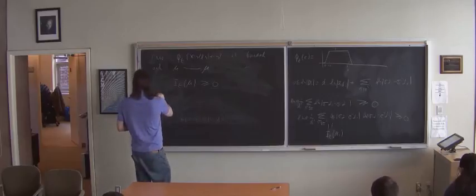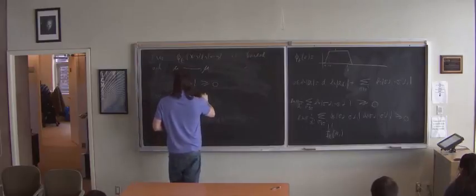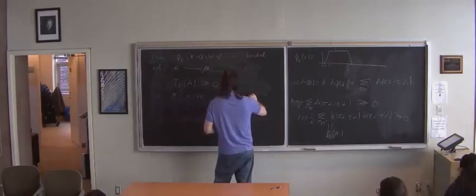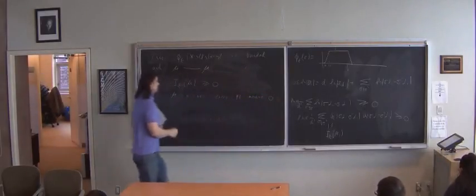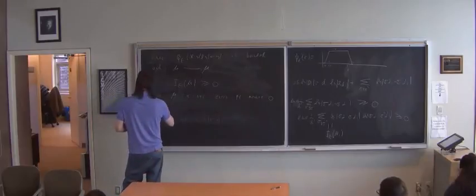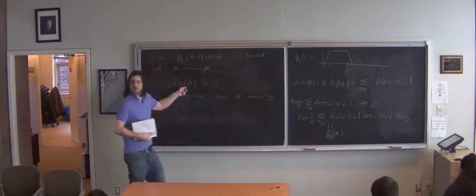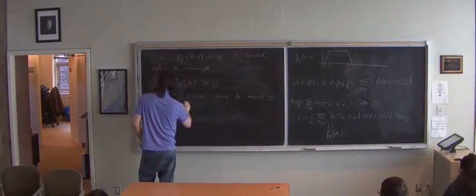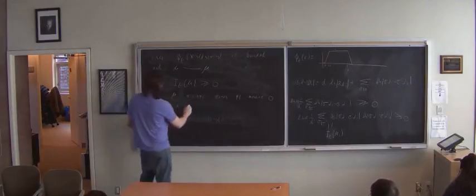And now, since mu assigns every point measure 0, if you look at mu cross mu, which is what this integral is taken with respect to, and if you look at this on the diagonal, the subset x equals y, this equals 0.